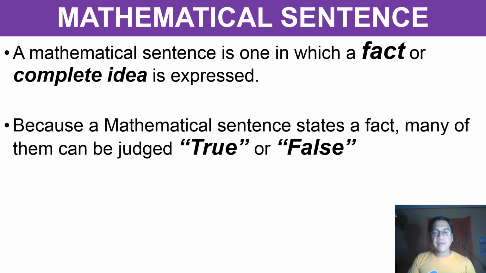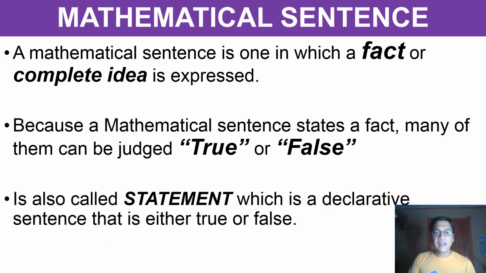Because a mathematical sentence states a fact, many of them can be judged true or false. It is also called a statement, which is a declarative sentence that is either true or false.